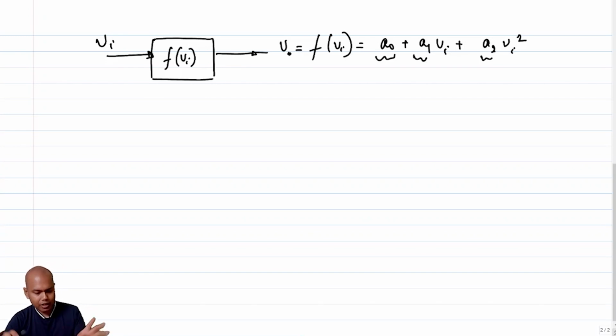If I limit this expansion to Vi squared, then we are assuming a system which has only second order nonlinearity.